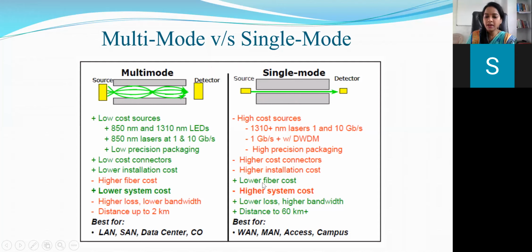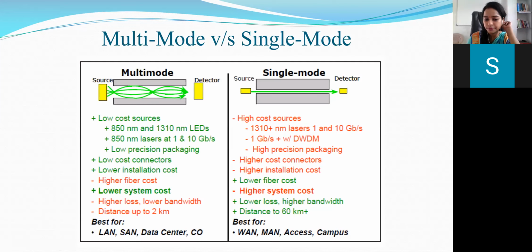That's why the fiber cost is less. But in graded index fiber the refractive index has to change gradually, so obviously this type of fiber will have more cost. Then here higher system cost.